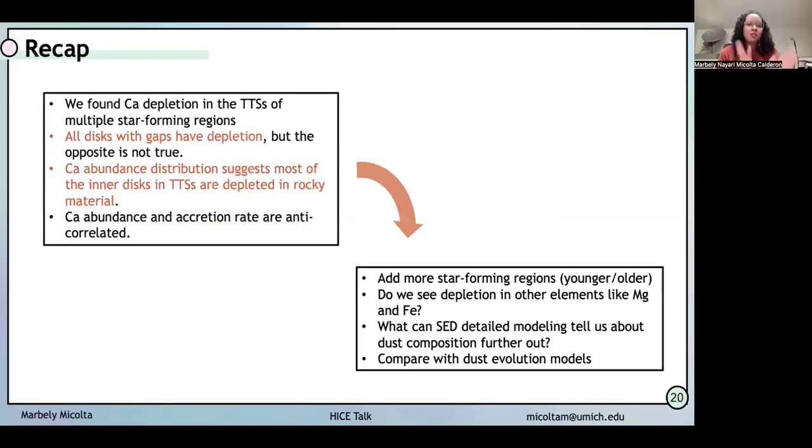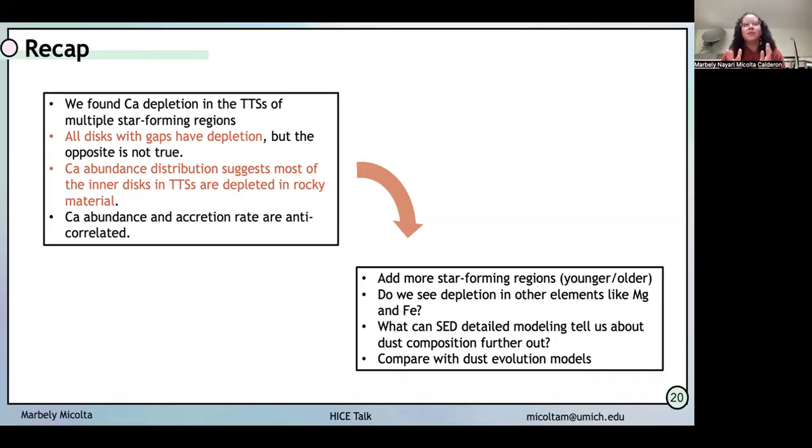So just as a recap, as I continue, we found calcium depletion of the T Tauri stars, where we're using calcium as a proxy for this rocky material. All those with gaps have depletion, but the opposite is not true. Calcium abundance suggests that most of the inner gas disks actually are depleted in rocky material, which can have a lot of implications and a lot of discussion points.